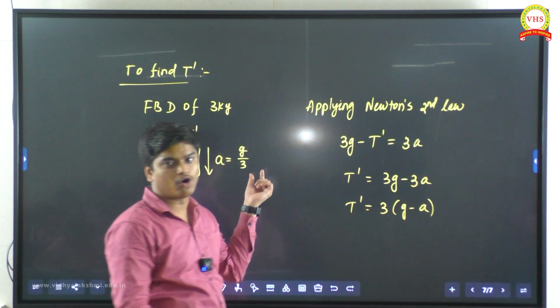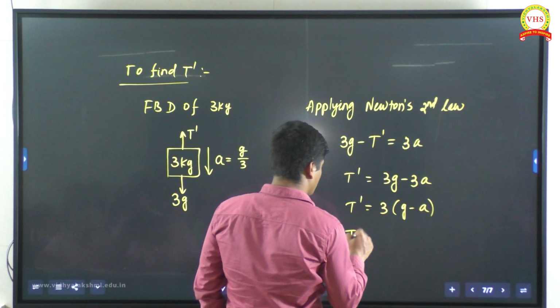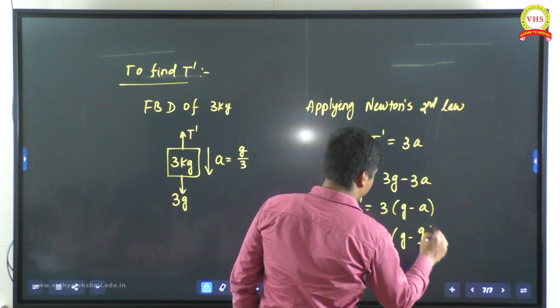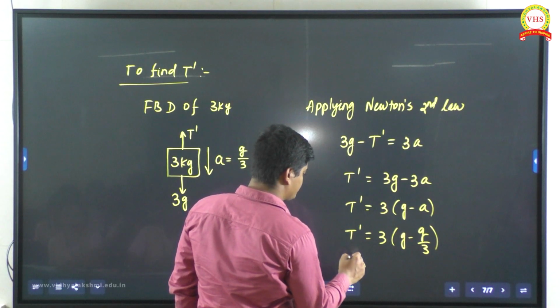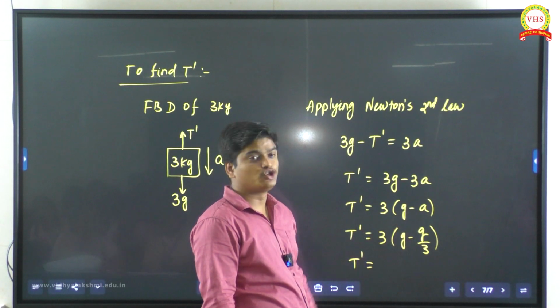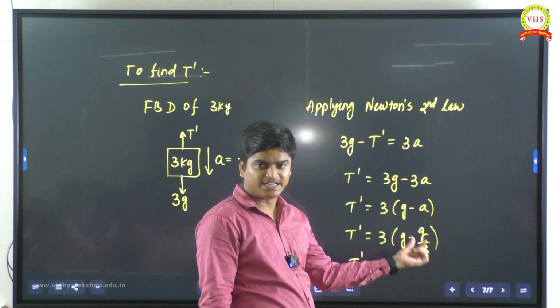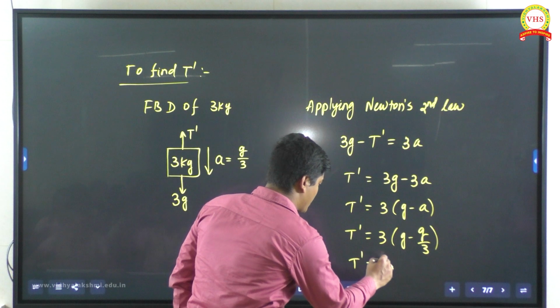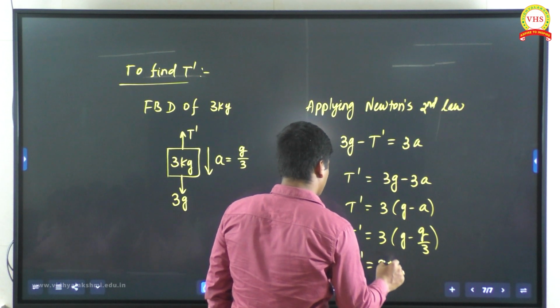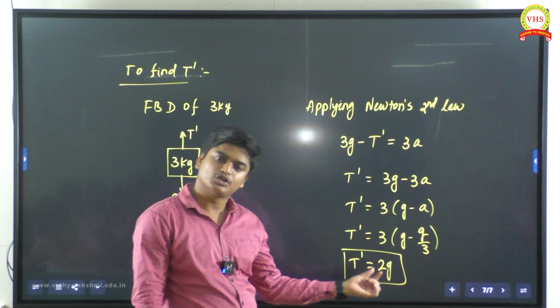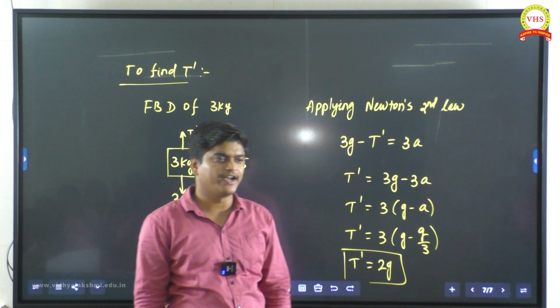Now the A value you already know. So 3 into G minus G by 3. Now calculate how much will come. 3G minus G, 2G, this will come as 2G by 3. 2G by 3, the 3 cancels, and the answer is 2G. And if the G value is 10, then 20 Newton.